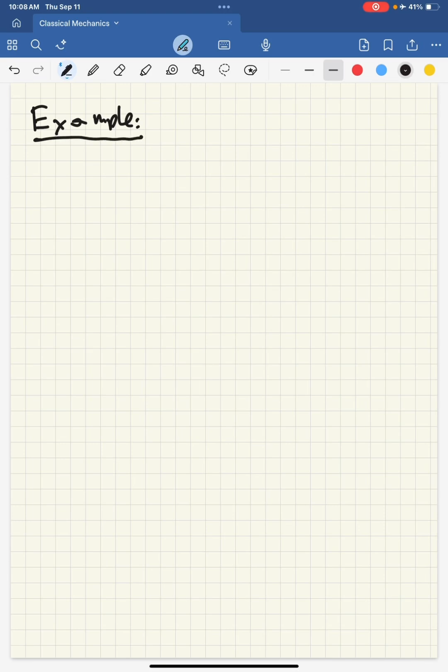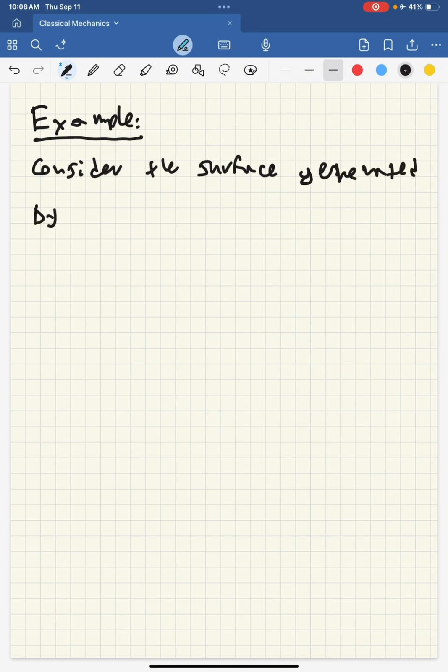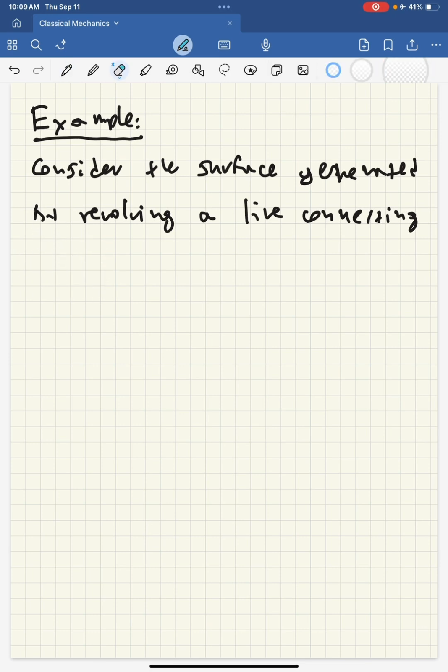So we want to find the line which, if it's revolved around an axis, produces a surface of minimal area. So consider the surface generated by revolving a line connecting 2 points.